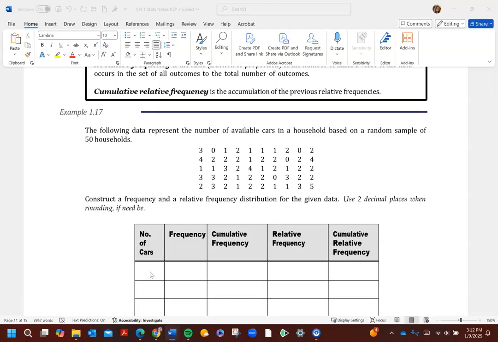If we had 0 cars, we can see they go from 0 and the highest one is 4. So we want to fill in our chart, and we're going to put 0 there. And I'm just going to try to center that.